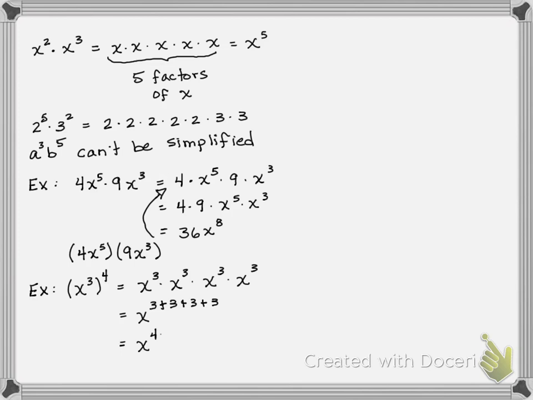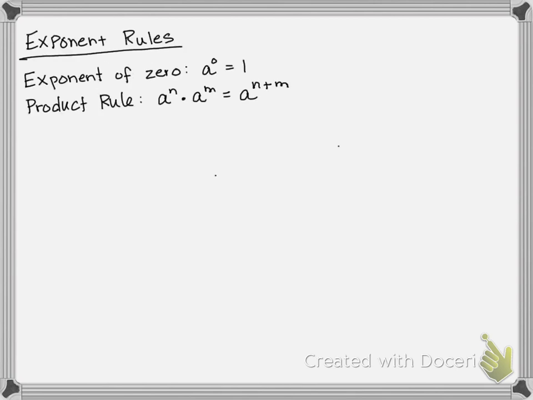X to the 12th, which leads us to our next rule, which is called the power rule. Which says that a to the n to the m power is a to the n times m.